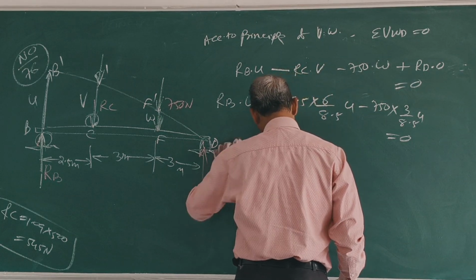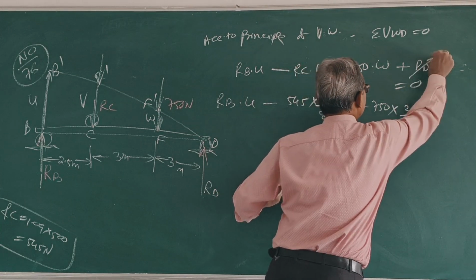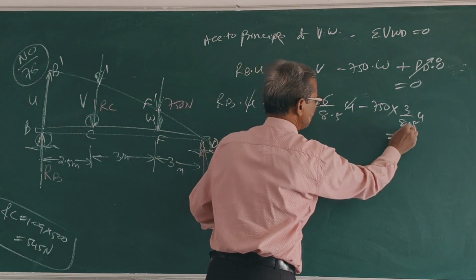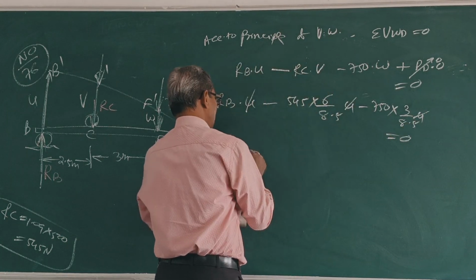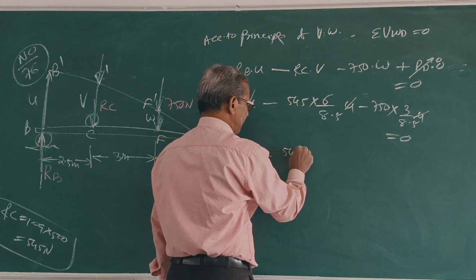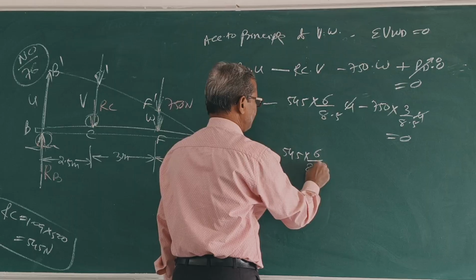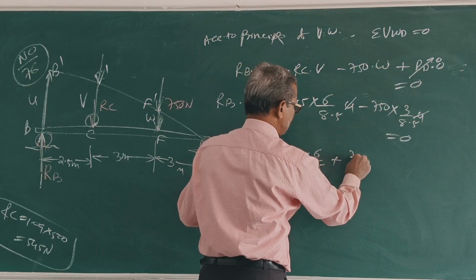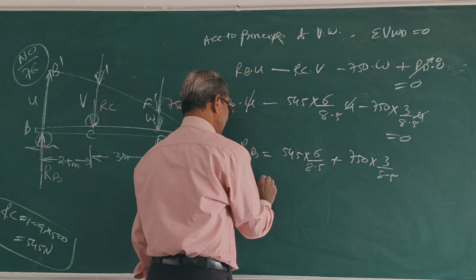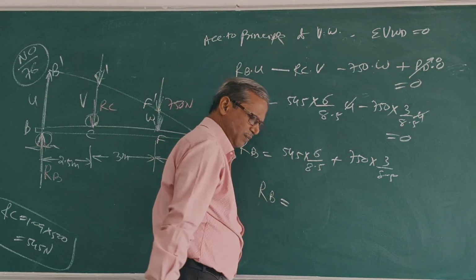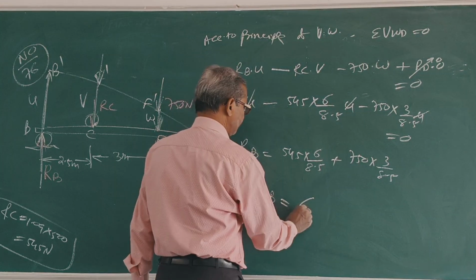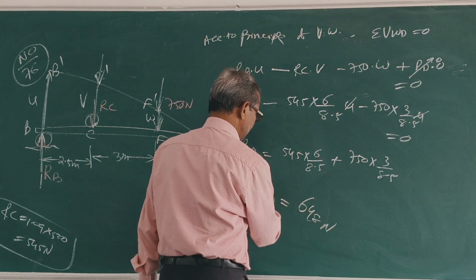Now U cancels out. RB is equal to 545 into 6 by 8.5 plus 750 into 3 by 8.5. Clear? So use a calculator and find the answer. The answer is 648 Newton.